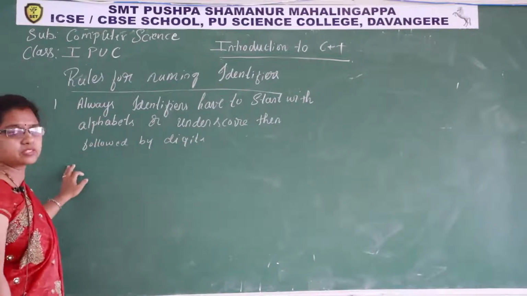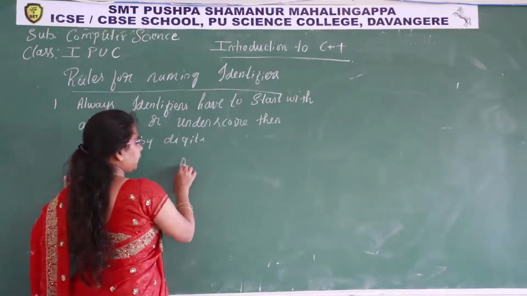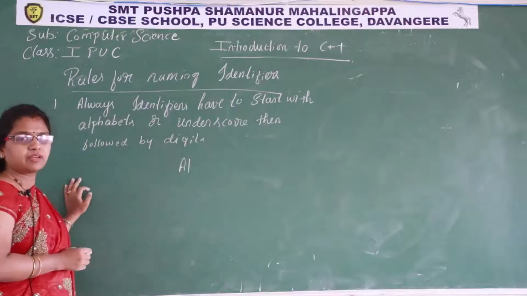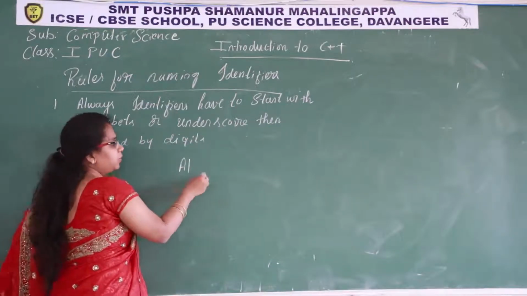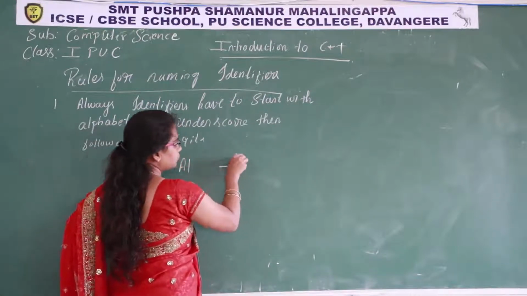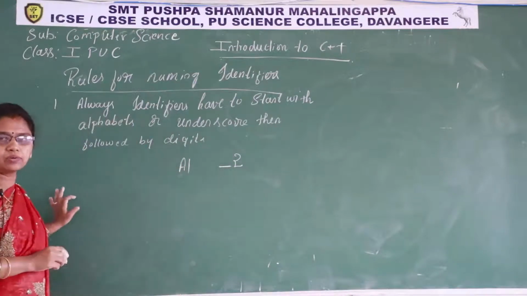Further you can give digits. For example, A1 is a valid identifier. It starts with an alphabet. Or you can give _2. In this way you can give a name.